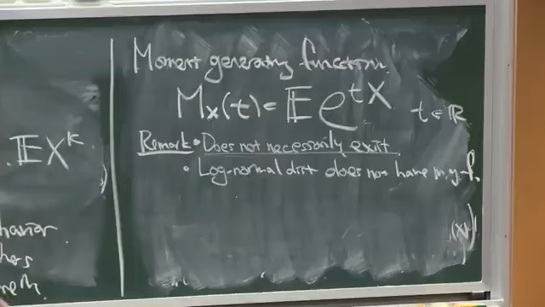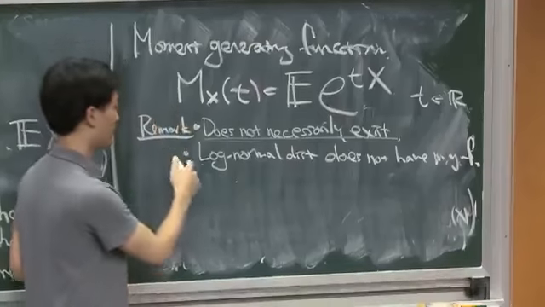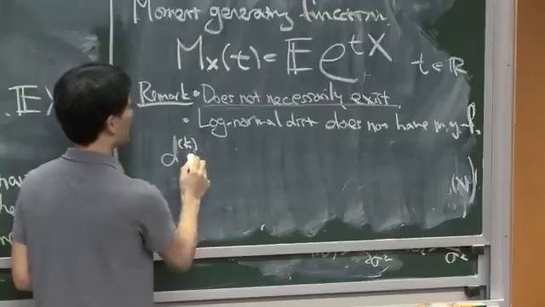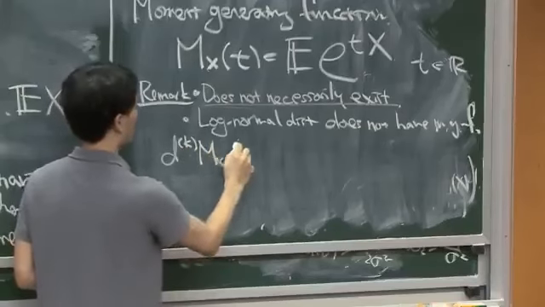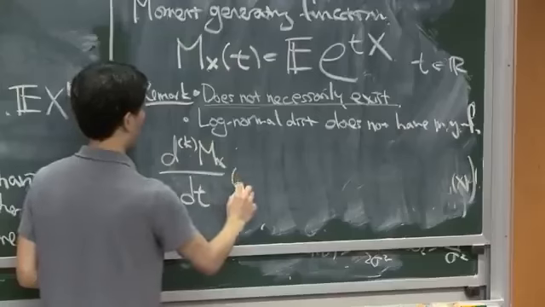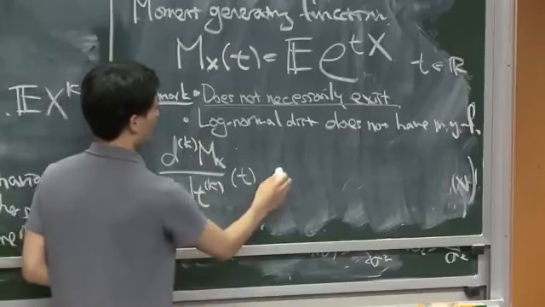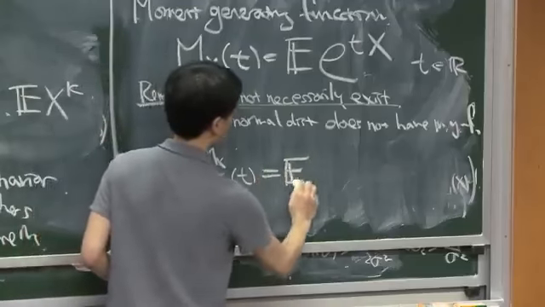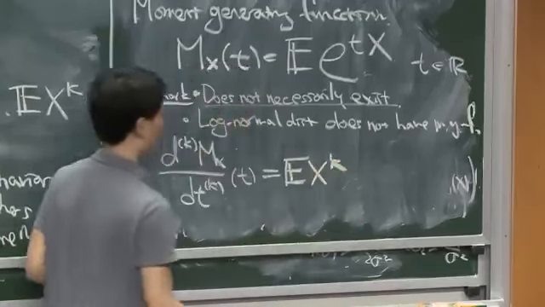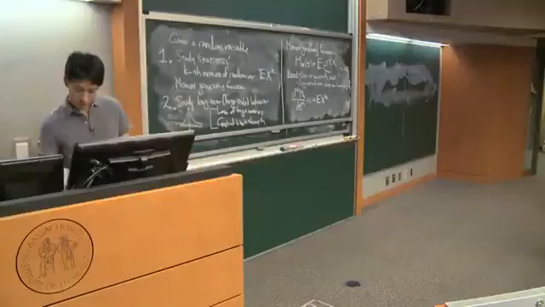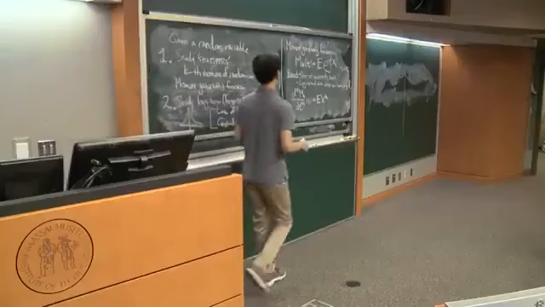Before going into that, first of all, why is it called moment generating function? It's because if you take the k-th derivative of this function, then it actually gives the k-th moment of your random variable, for all integers k. That's where the name comes from.